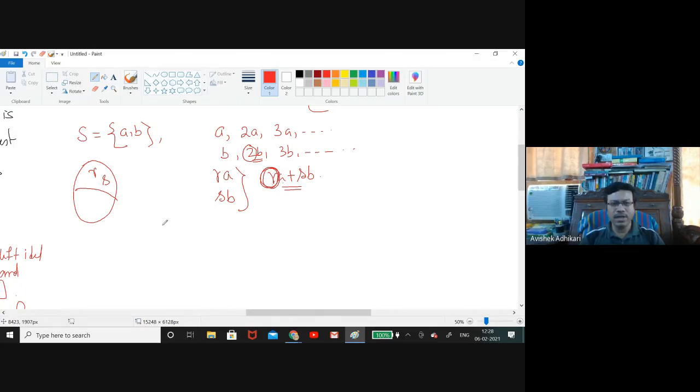That's why it should look like some integer times A, and some integer times B, and their summation. Not only that, you should also include RA and also SB and their sum, such that N and M belong to Z, R and S belong to R.